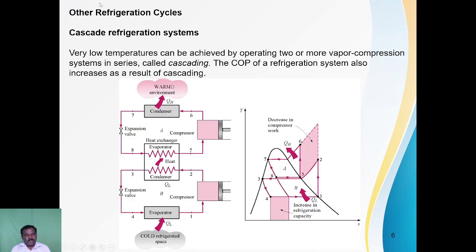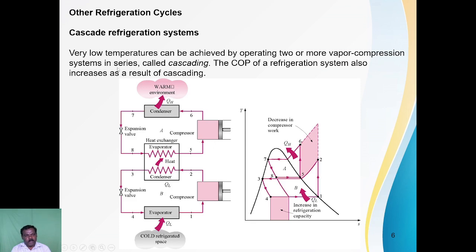Then apart from this, we have the cascade refrigeration cycle. In the cascade refrigeration cycle, very low temperature can be achieved by operating two or more vapor compression systems in series. If you take a single vapor compression system alone, we are not getting more cooling effect.